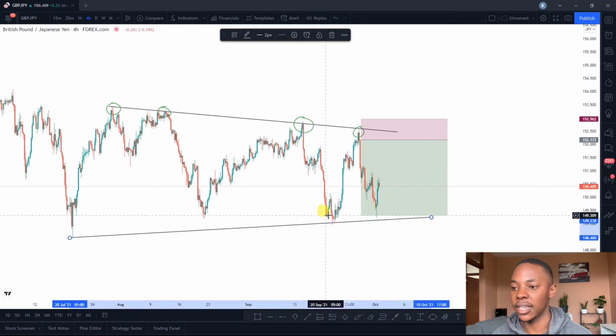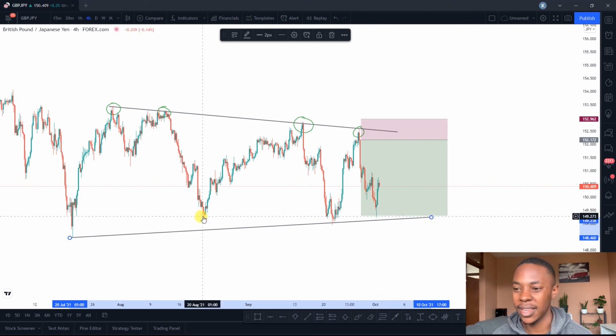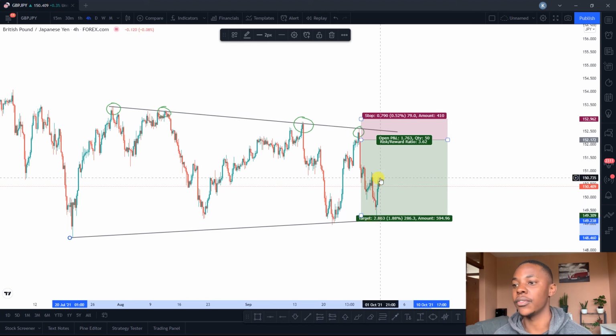You might have it here at the double bottom. As you can see, it just came back, spiked to this point here, respecting also this support, this lower low here, spiked down and then started reversing to the upside.